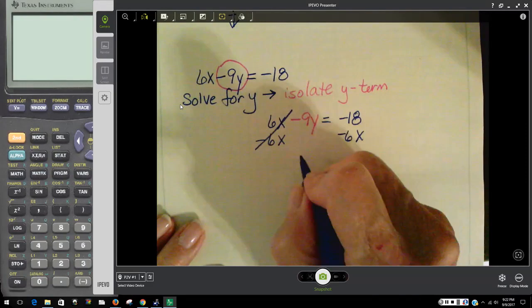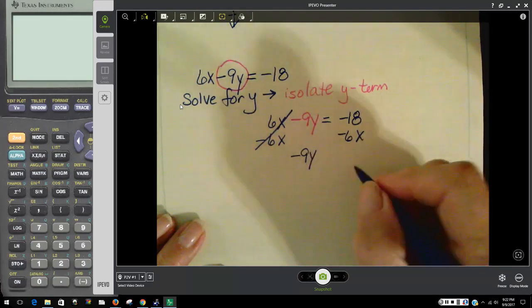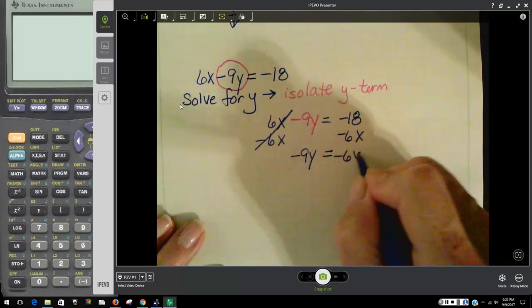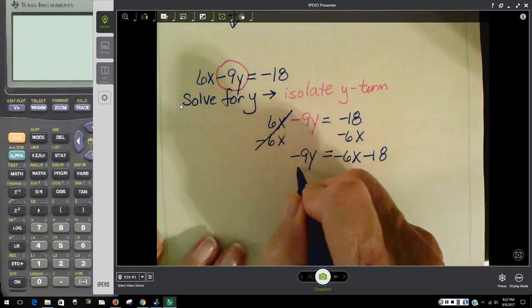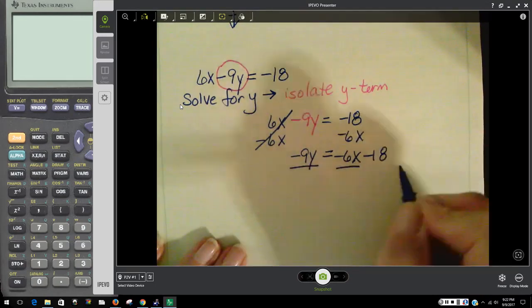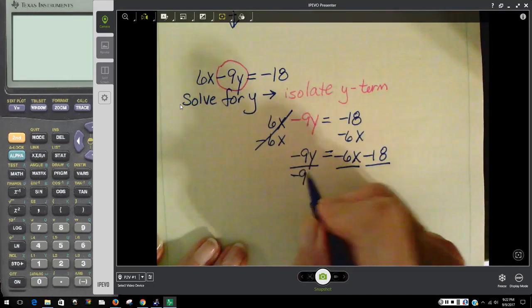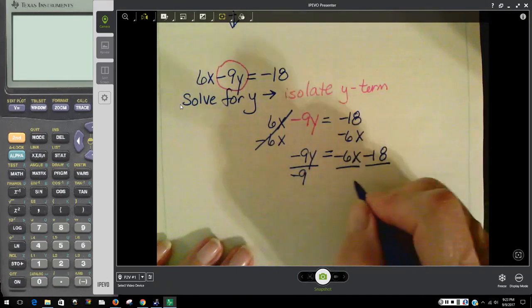And that leaves us with minus 9y equals negative 6x minus 18. And then the next thing we need to do is divide every single term in that equation by the negative 9, which is attached to the negative 9y.